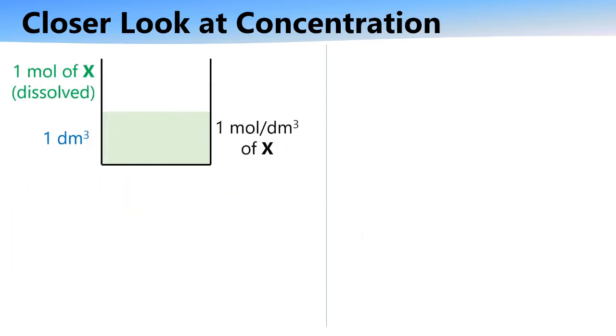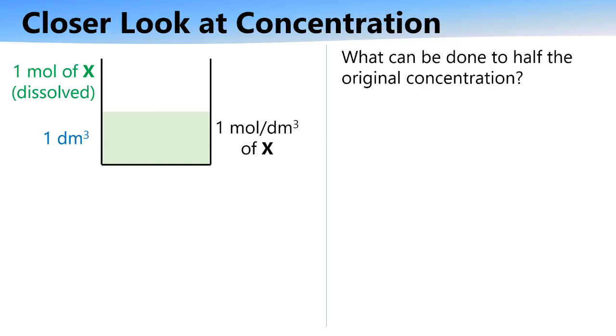Alright, one more thing to take note. If I have the same amount of X, 1 mole dissolved in 1 dm cube of solution, and I get 1 mole per dm cube of X, what can I do to halve the original concentration?